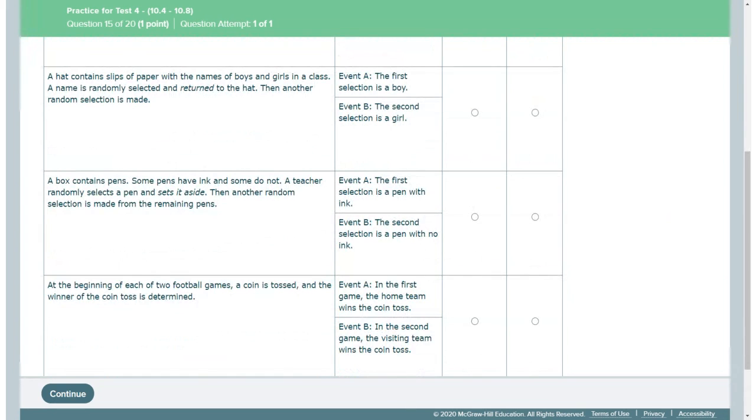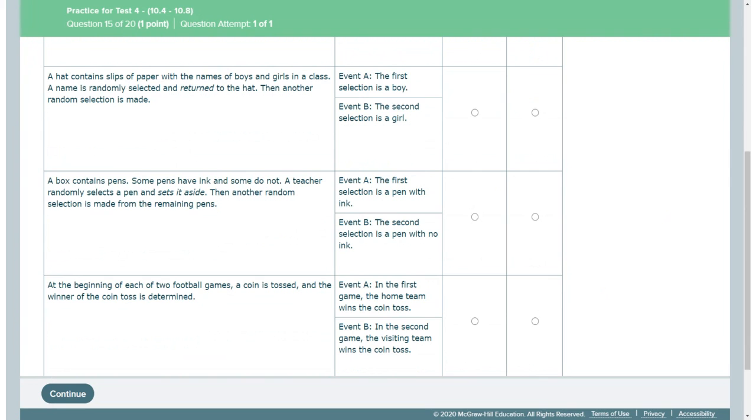A hat contains slips of paper with the names of boys and girls in class. A name is randomly selected and returned to the hat. Then another selection is made. So the first selection is a boy.